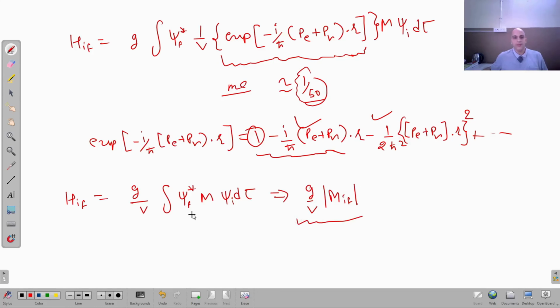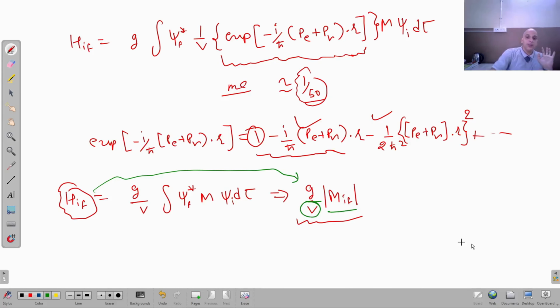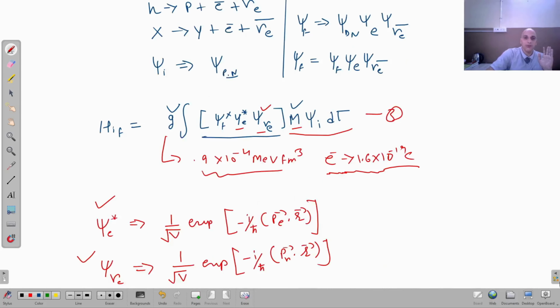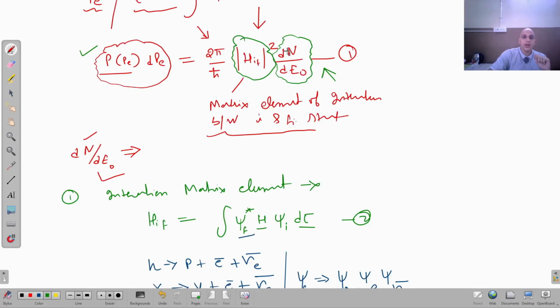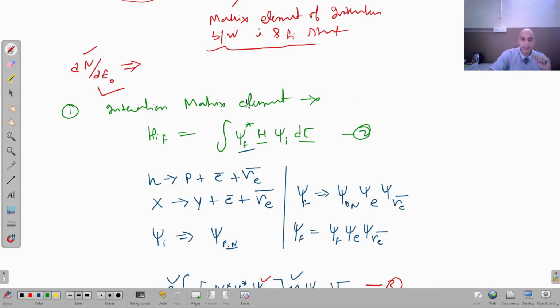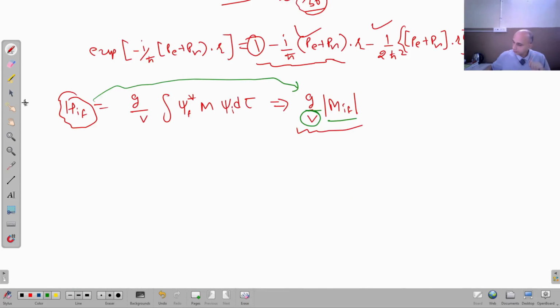Here MIF represents this interaction. So now I simplified HIF, so I got HIF is equal to Z, coupling constant, upon V, volume in which this entire reaction is taking place, and MIF. Now this one thing is done that I was looking at for this equation. Now I am going for dN upon dE naught, the second factor, that was dN upon dE naught.